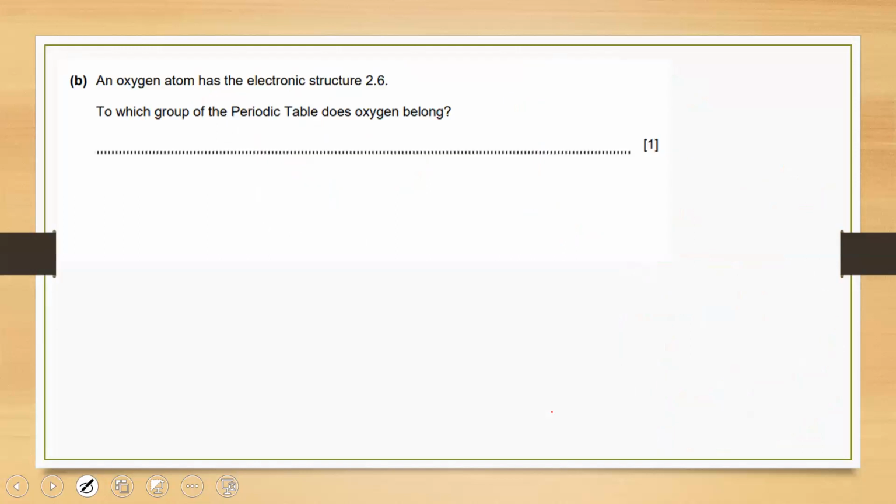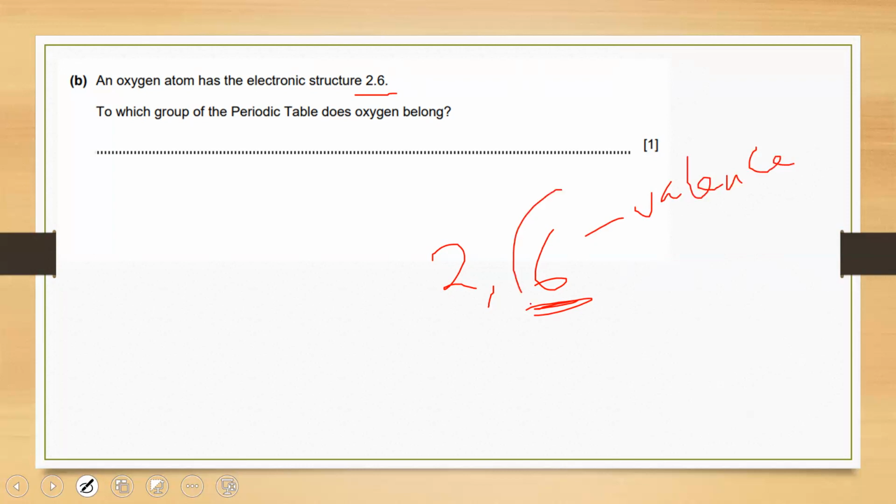Now, an oxygen atom has an electron structure 2,6. To which group of the periodic table does oxygen belong? You have been given the atomic structure, and so that makes the work easier. If it is 2,6, remember, this is called electrons in the outer shell, or valence shell electrons. The number of electrons in the outer shell determines the group.